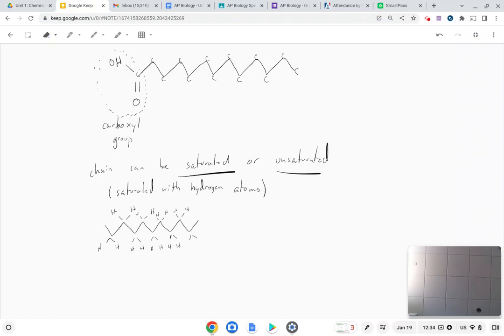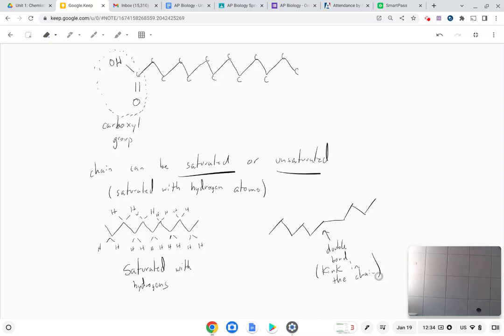Now, this is what we call saturated, saturated with hydrogens. If you're not saturated with hydrogens, you would have a double bond somewhere. So you'd be going along like this, and then right here you've got a double bond, which results in a kink in the chain.